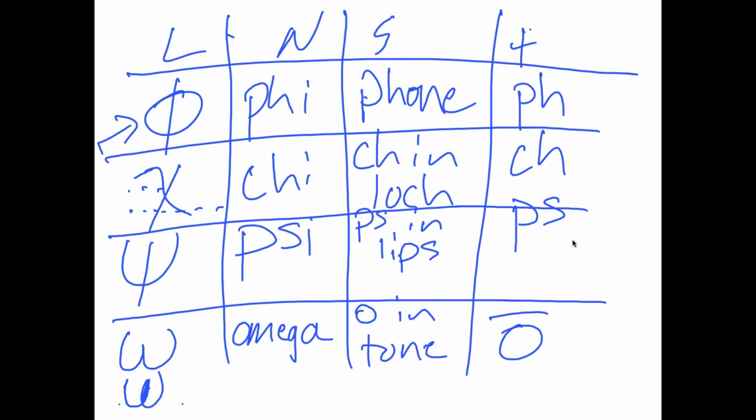Does anyone remember what the other letter was when we transliterated it that had a macron on it? Eta. Do you want to take a guess, based on what I told you about eta, what the significance of the macron on omega is?